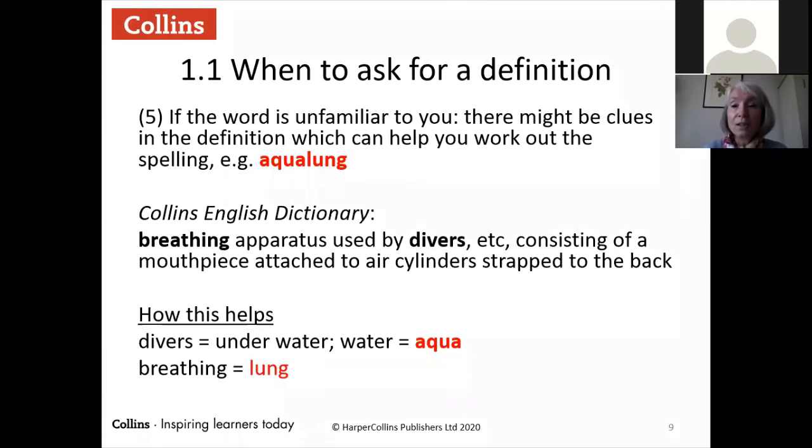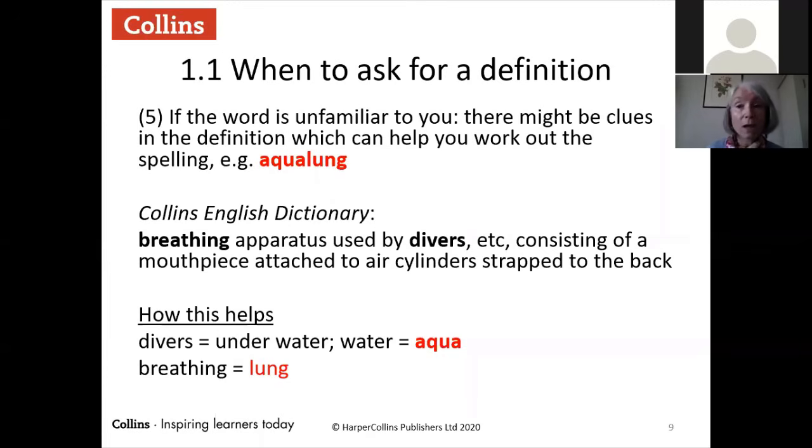And then she understood, she didn't know the word aqualung, but she'd studied the word aquarium. So she knew from what her teacher had told her that AQUA is water. So she was able to apply what she knew, use the definition, and come up with the correct spelling in a competition. So if the word is completely unfamiliar, there are often clues in the definition which can help.